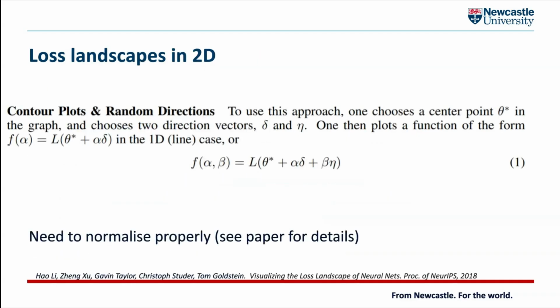Okay, so from the loss landscape paper, what you do is you have this star theta, which is essentially all the weights that you've trained in your neural network. And you essentially push the network in small little directions to get sort of like a terrain. Okay.